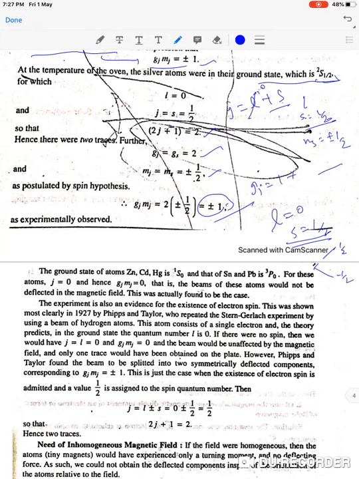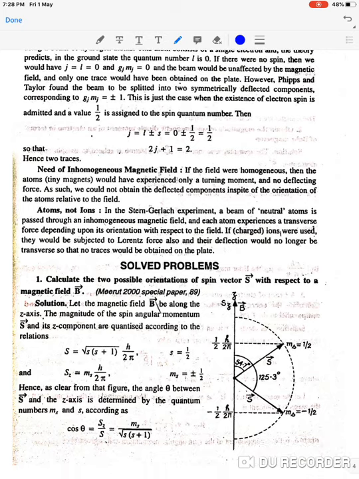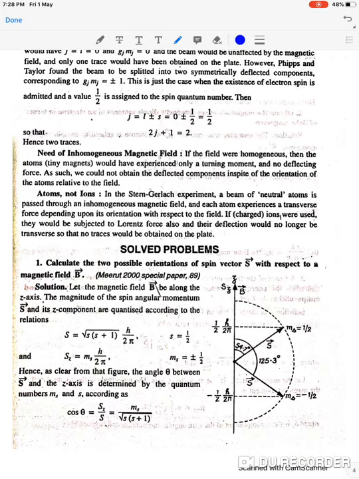Here is a diagram, you can understand that the magnetic field direction is z direction, then the space quantization of the spin quantum number is something like this. There are two possible orientations of the spin vector with respect to the magnetic field, and this just came out from this. You can understand the space quantization phenomenon from the Stern-Gerlach experiment.